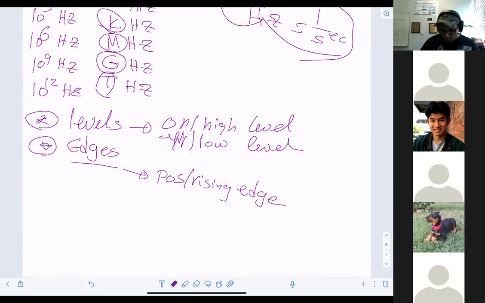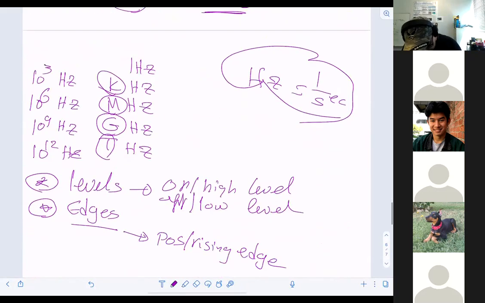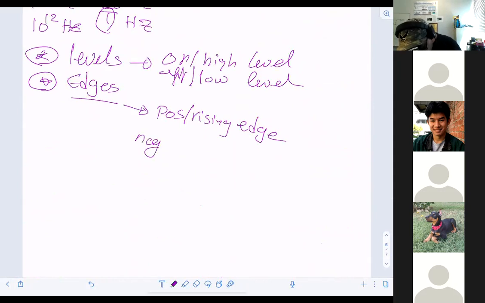While there, I'm going to charge. So basically, I'm sorry, I'm discharging. So from the high to the low, I'm losing a charge, right? So in that particular moment here, that will be my negative or falling edge.